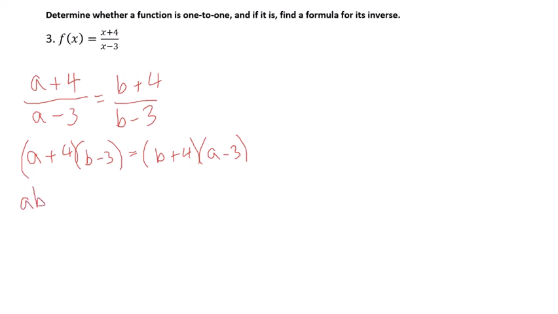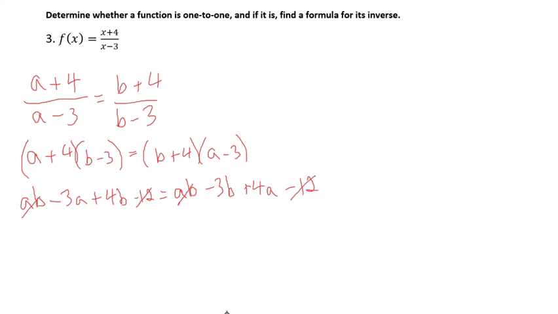And then we need to multiply all that out. We get ab minus 3a plus 4b minus 12 equals ab minus 3b plus 4a minus 12. And this ab and this ab will cancel each other out. This negative 12 and this negative 12 will cancel each other out.